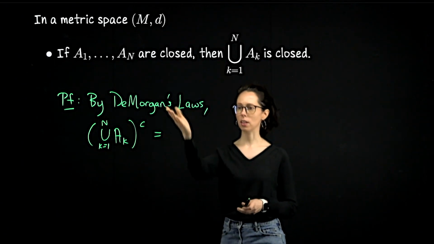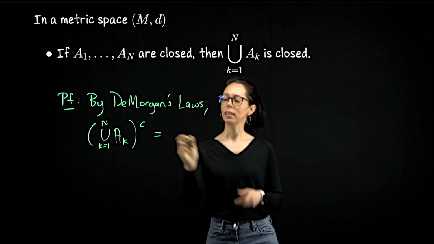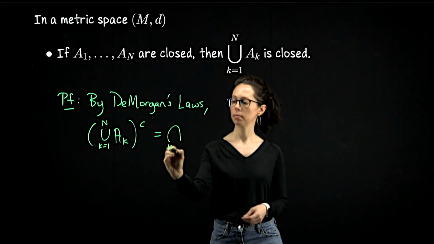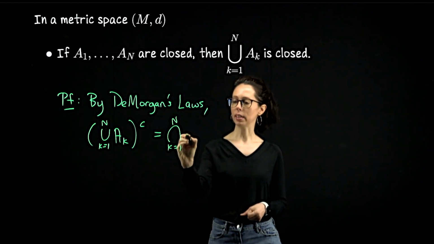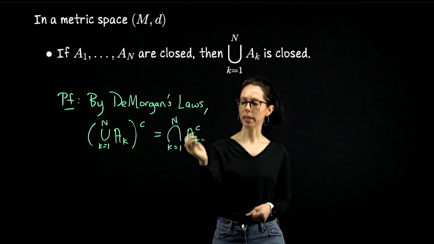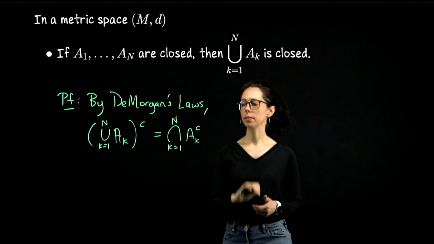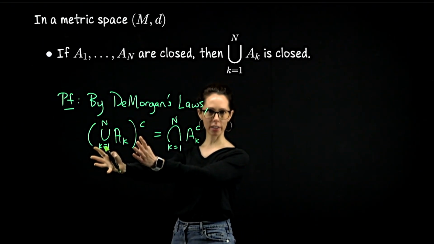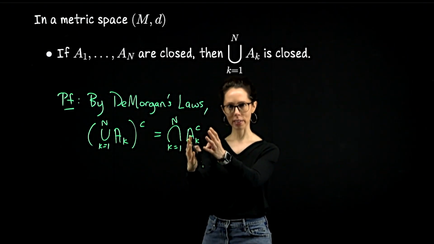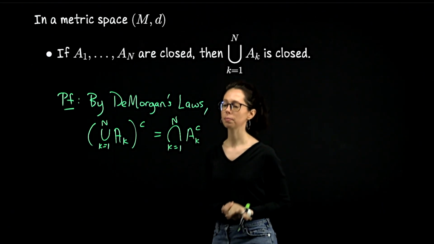Okay, so for De Morgan's laws, the complement of a union is the intersection of the complements, meaning the individual complements of each set. So here it's like the complement of an entire union. Here we are complementing each set and then taking their intersection.